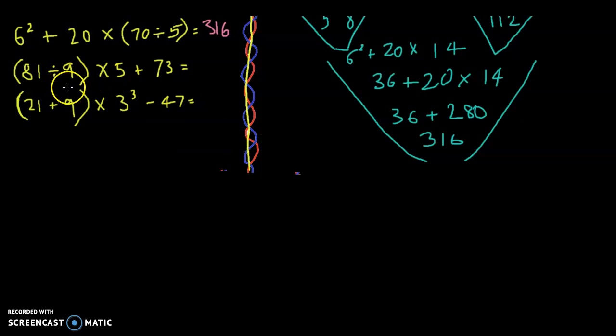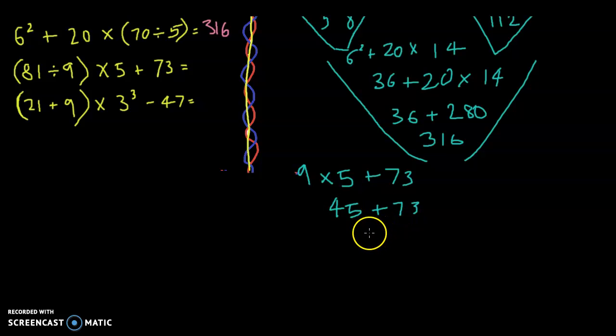Next thing is in the parentheses, 81 divided by 9. So 9, yes, 9 times 5 is 45, plus 73.